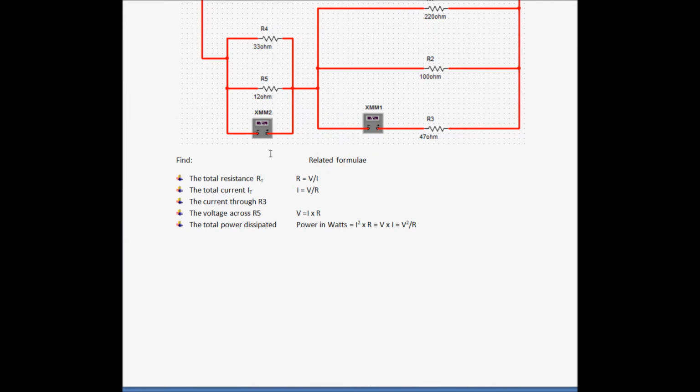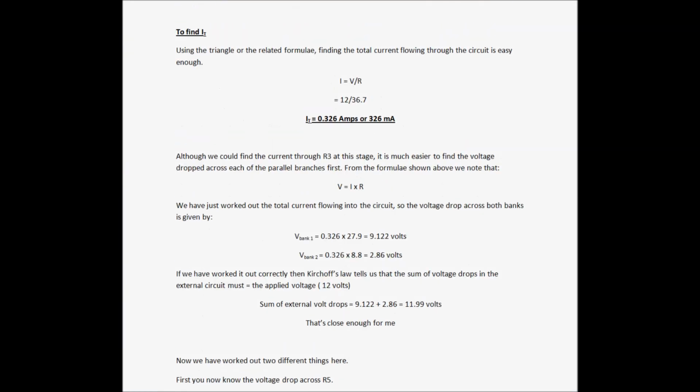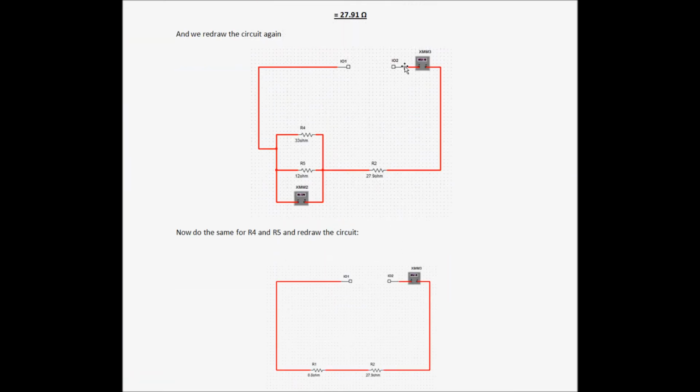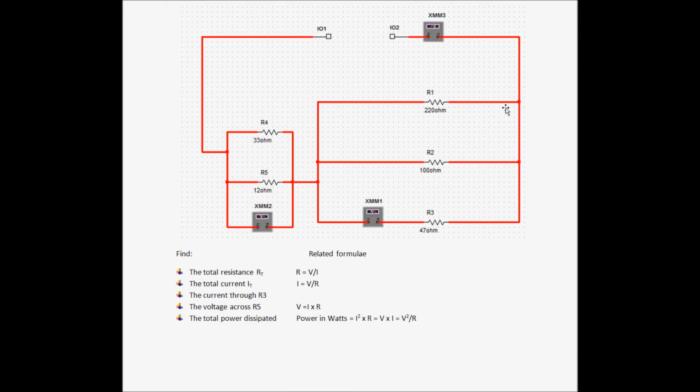And you can see we have now worked out the first parameter. The second parameter, the total current, is the current flowing through the circuit and back. So it goes through the bank of resistors, through this bank of resistors and back. When it gets to a bank of resistors, it splits, in this case, in three different directions.